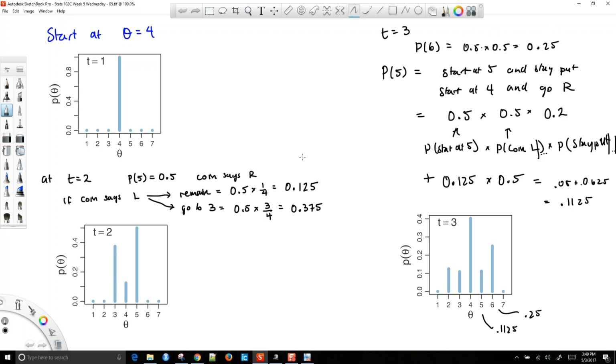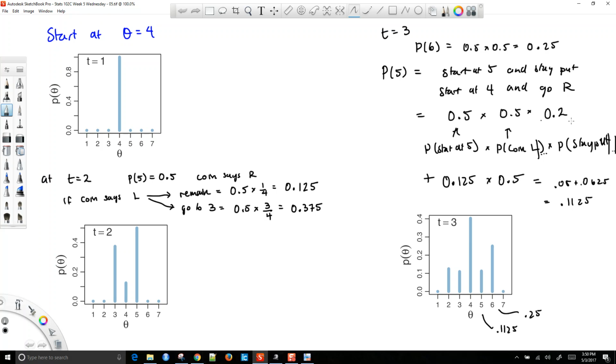And thus the resulting probability of being at island 6 at time 3 is going to be 0.5 times 0.5. And then the probability of being at 5 is going to be a combination of starting at 5 and remaining at 5, and starting at 4 and going to the right. We do that calculation.